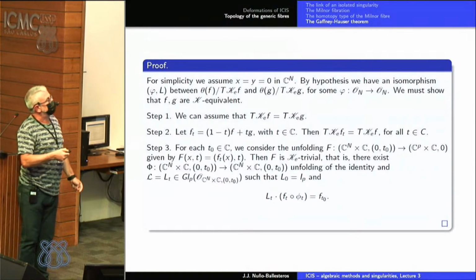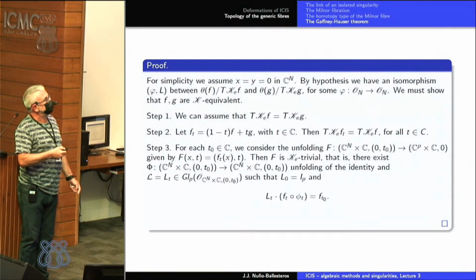This is the more technical part, step 3. Then you show that for a fixed parameter t0, you consider the unfolding capital F given by this family F_t. Then you show that this F is K_e-trivial.